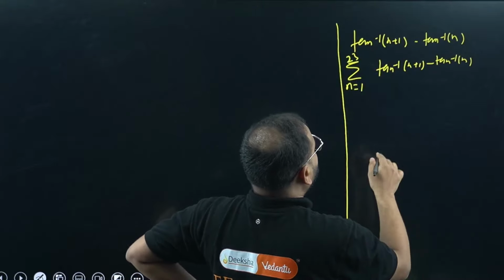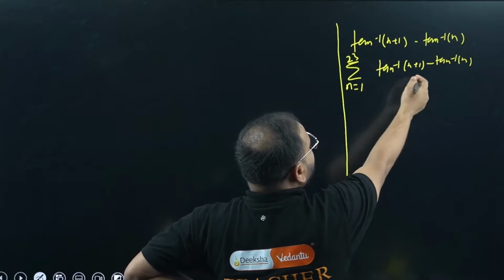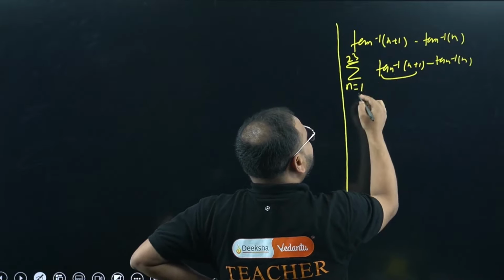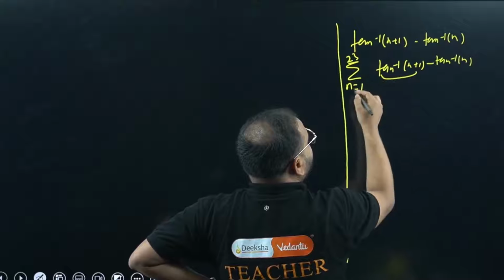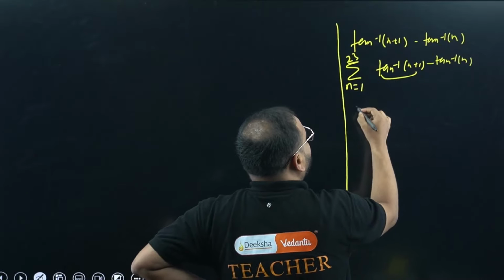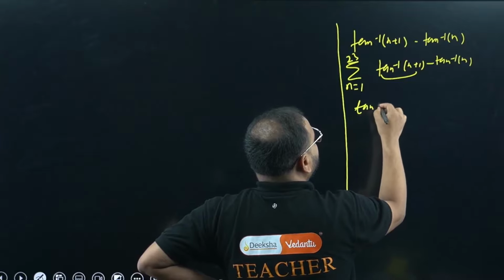So if you apply this, write for this term first, and then we'll do for that term. So n will start from 1 and go to 23. If I put n as 1, it will become 1 plus 1, 2. First term will be tan inverse of 2.